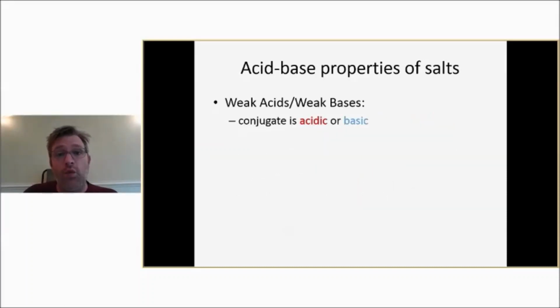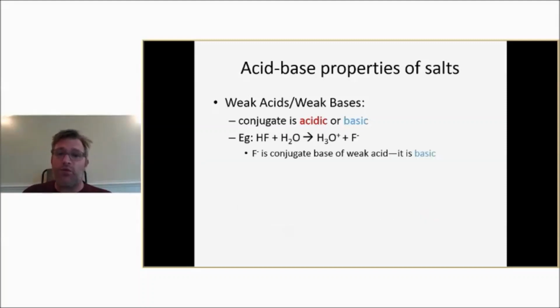When we talk about weak acids and weak bases, the conjugate is acidic or basic. So for example, we've been talking about hydrofluoric acid quite a bit. And as we have found out, F minus is a conjugate base of this weak acid. Therefore, if I make an F minus solution, it will be a basic solution.